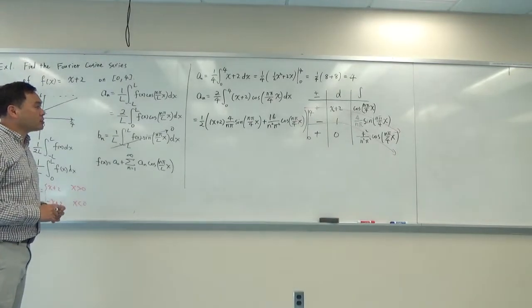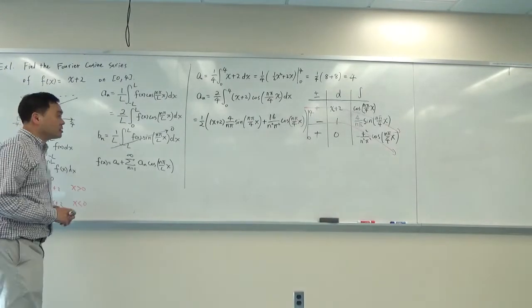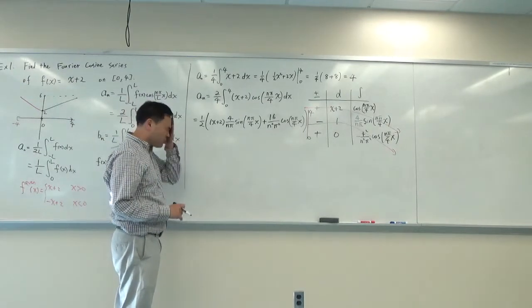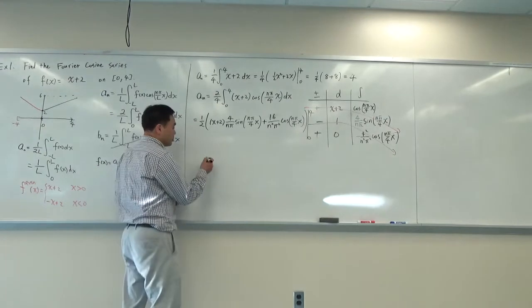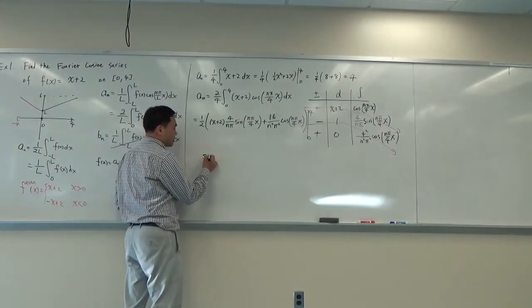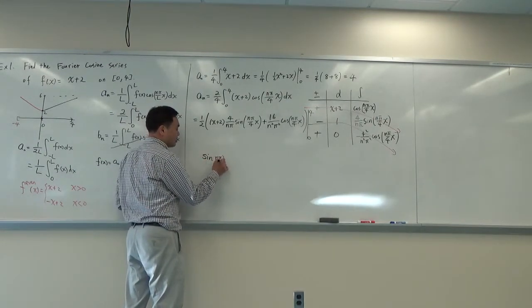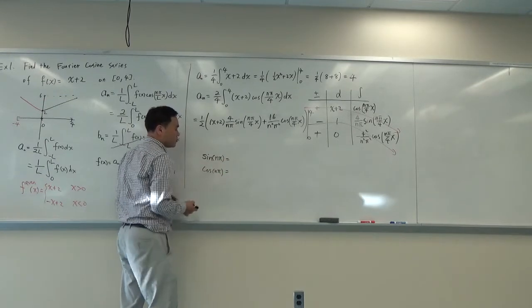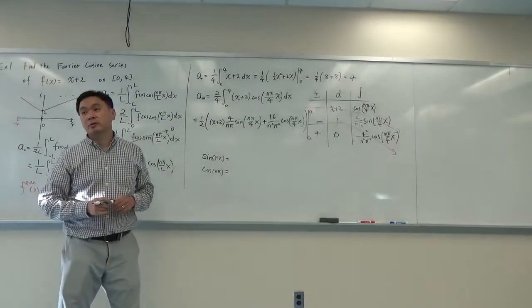Now, there's another very common thing that you will see when you calculate Fourier series: you get sine of n pi and cosine of n pi. Okay.